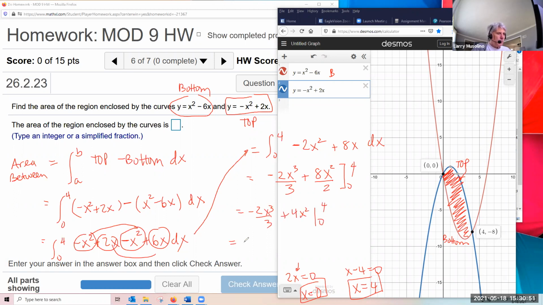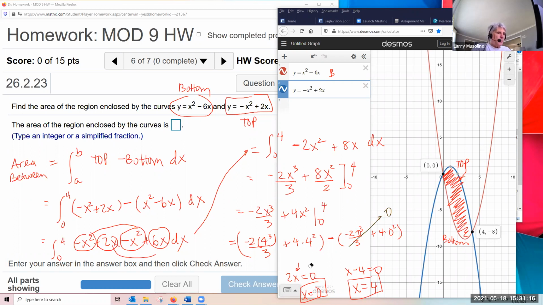Now I'll plug in negative 2 times 4 to the third over 3 plus 4 times 4 squared. Now I'm going to plug in the 0, the lower bound. And you could probably see when I plug in the lower bound, it's going to be a 0 in this back parentheses. So this back parenthesis is just a 0.